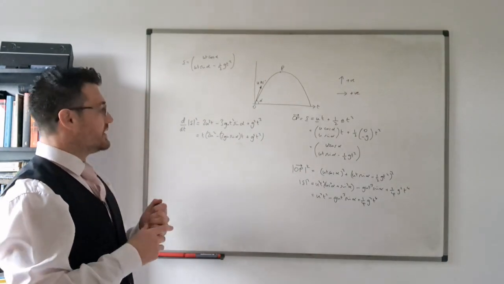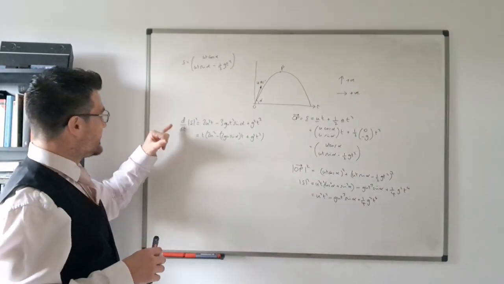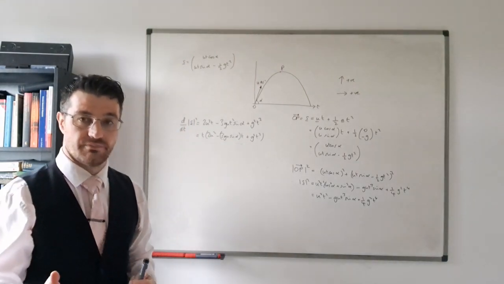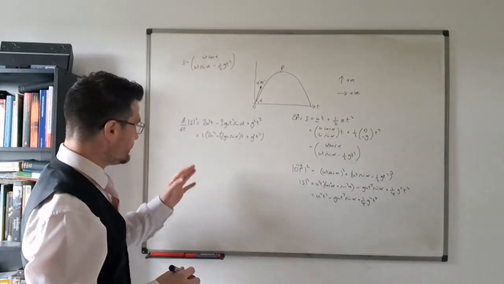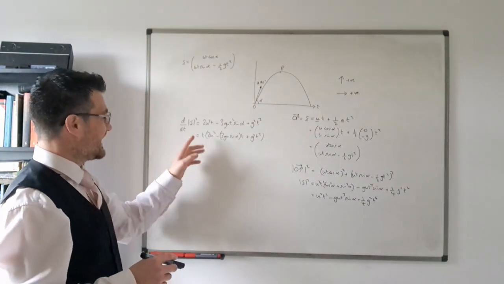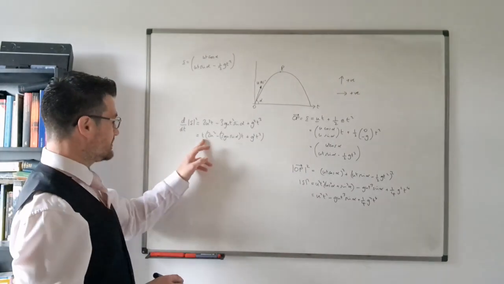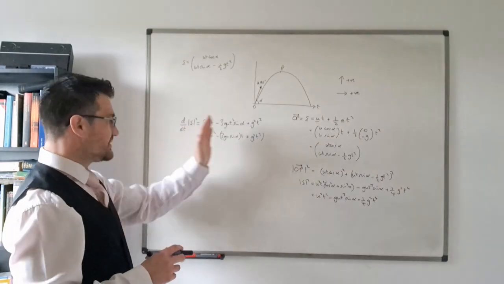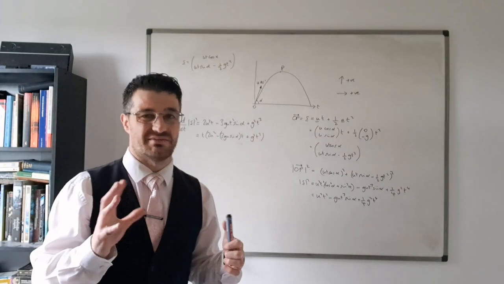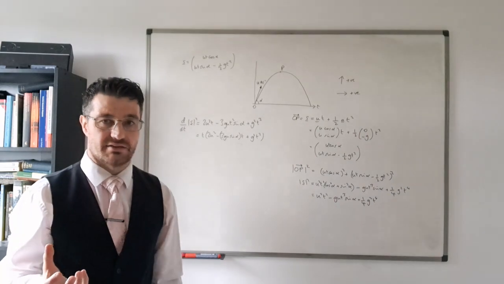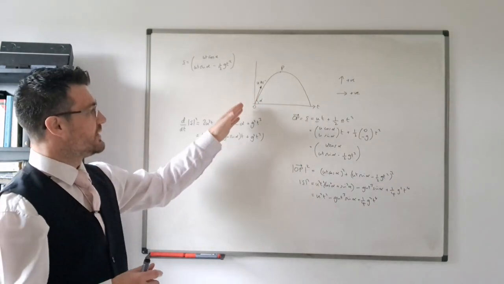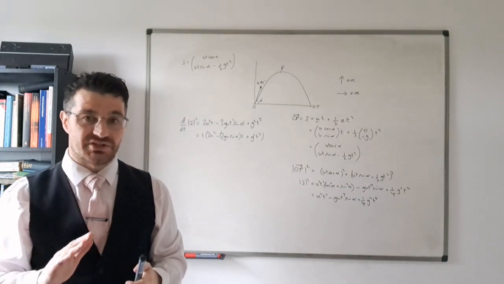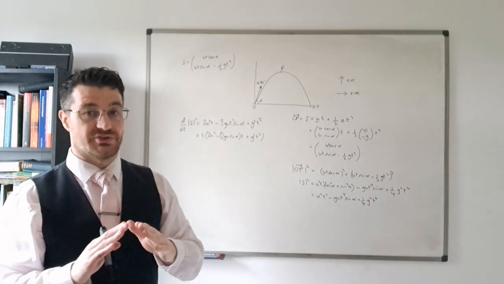Okay, so what we're looking for is where the derivative is going to be greater than 0, positive. I can see that t is either 0 or positive. When t is equal to 0, the derivative is going to be equal to 0. But we're not really interested in that. When the particle is projected, initially the distance from the origin is going to increase.